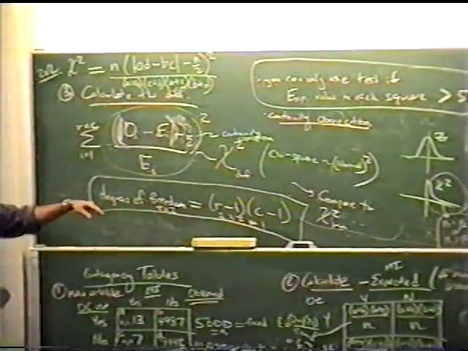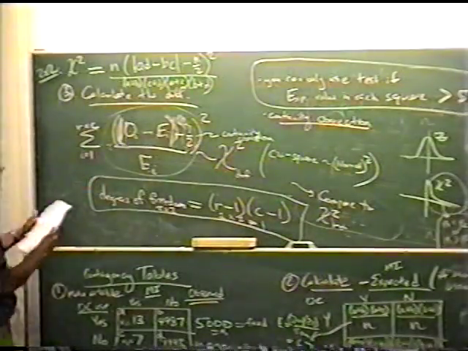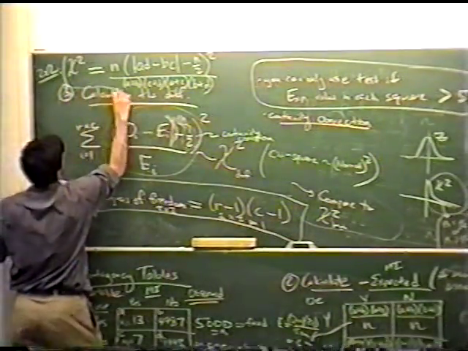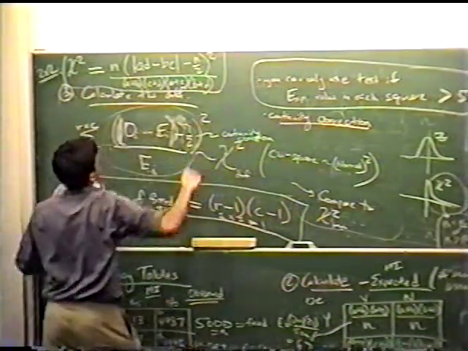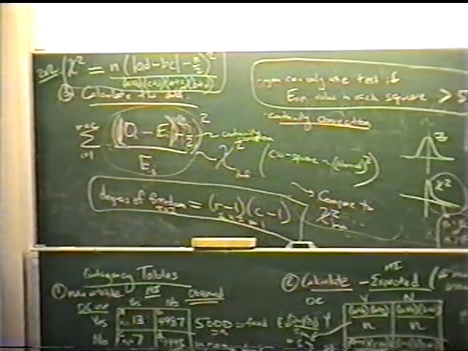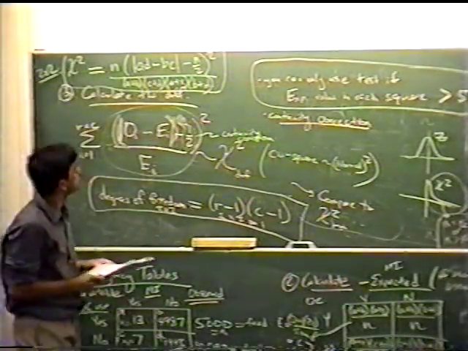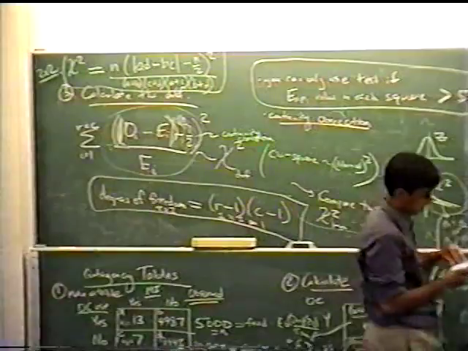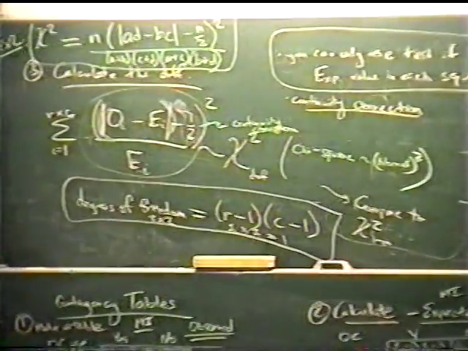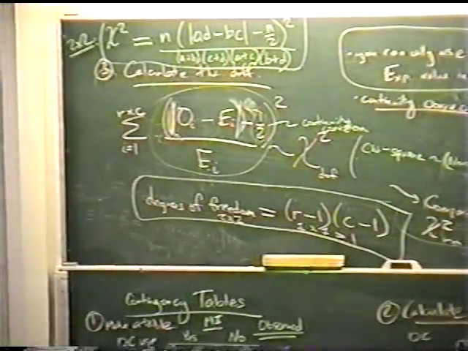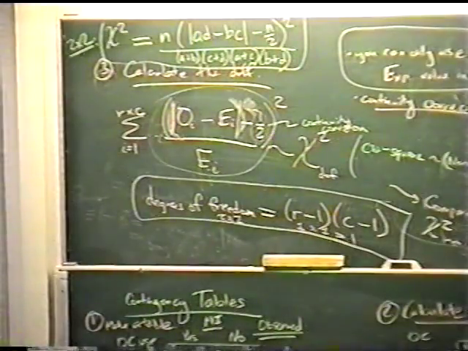So everything we've done to calculate the chi-squared reduces down to this equation. It makes it a lot simpler. That's the shortcut when you're doing a 2x2 table.